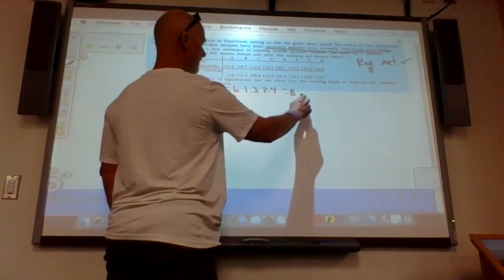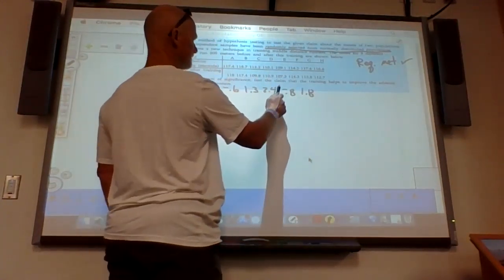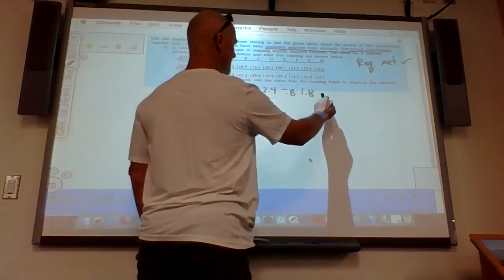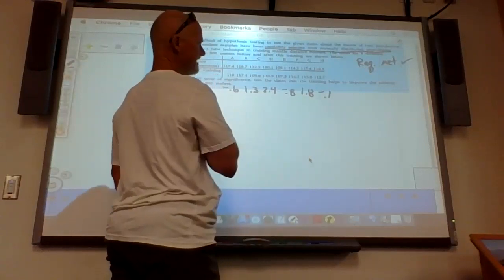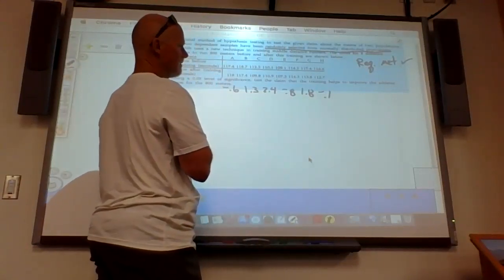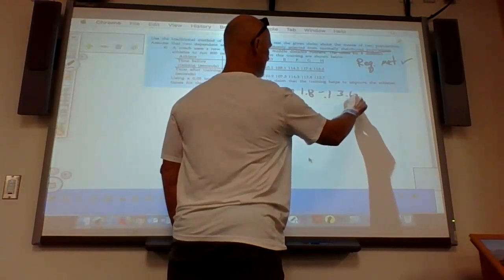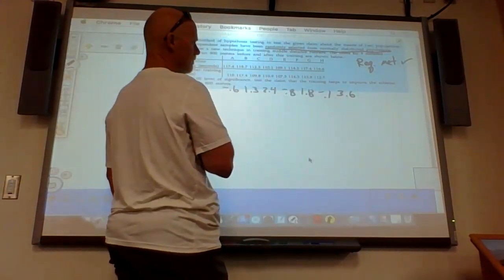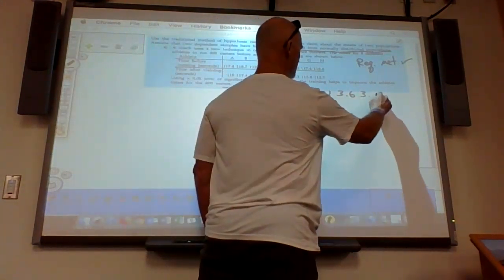Then here we have a positive 1.8. Here we have a negative 0.1. And then 117.4 minus 113.8 would be 3.6. And then the last one would be a 3.9 reduction.